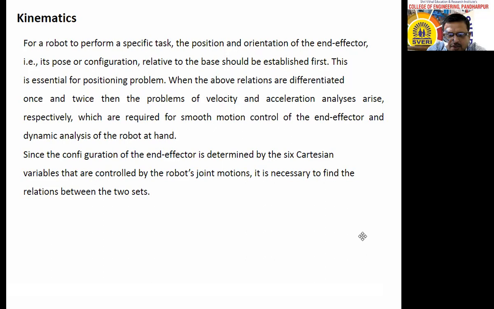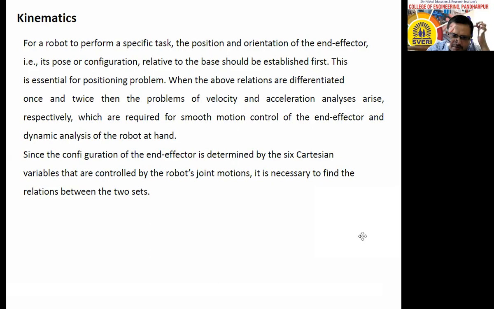When the above relations are differentiated once and twice, then the problems of velocity and acceleration analysis arise respectively, which are required for smooth motion control of the end effector and dynamic analysis of the robot at hand.